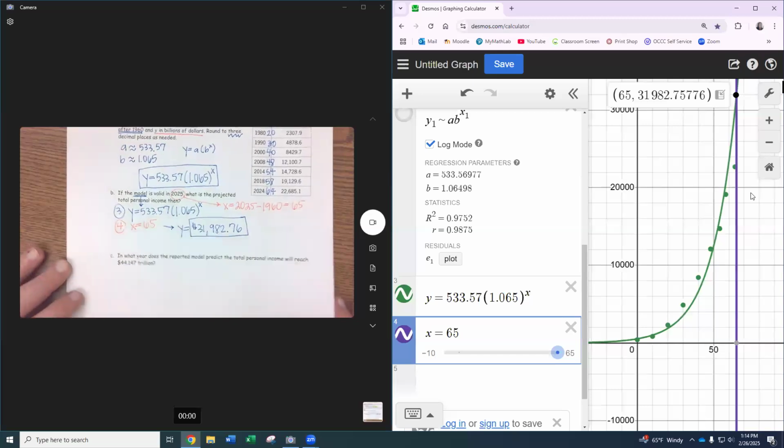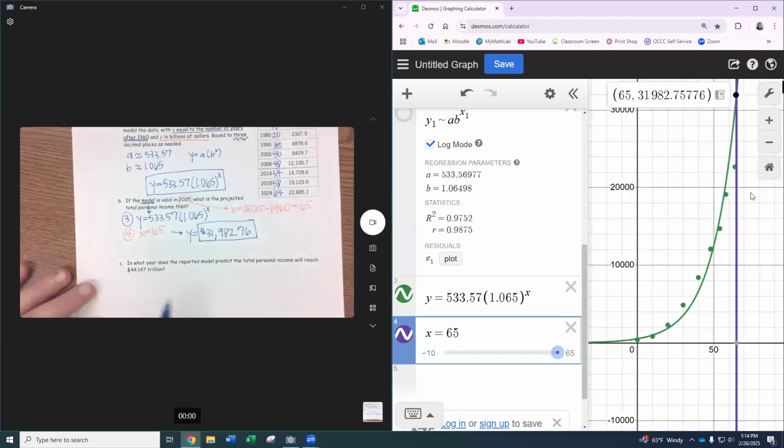Now in C, it asks the opposite thing. In what year? So what does that tell me I am looking for? I'm looking for X here.